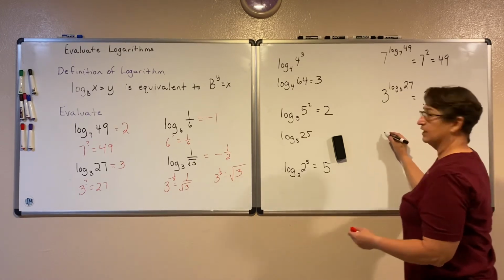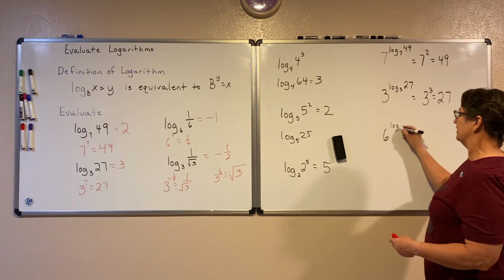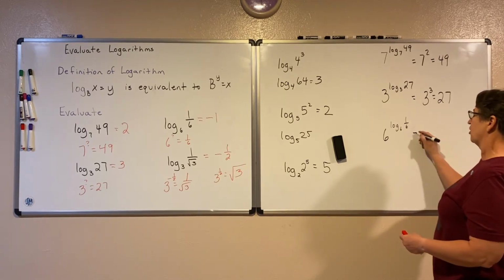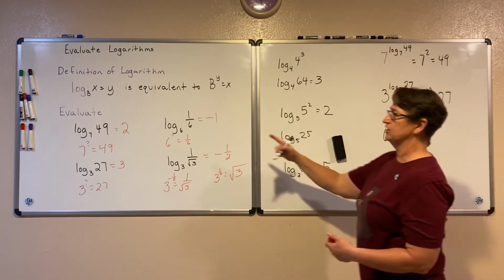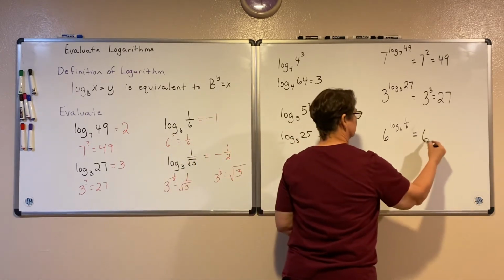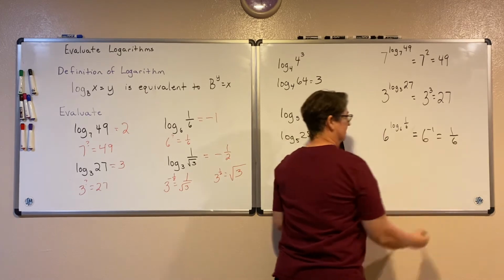One more. Let's do 6 raised to the log base 6 of 1/6. Well, we saw earlier that log base 6 of 1/6 is just equal to -1. So really we're saying 6 to the -1, but that's just equal to 1/6.